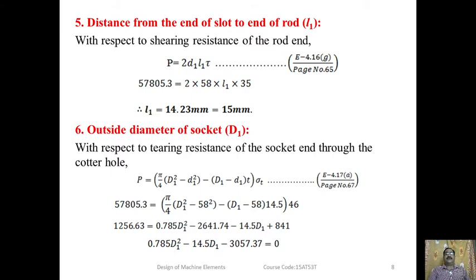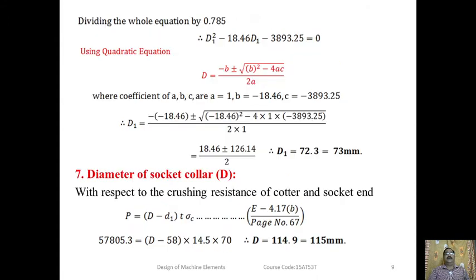For this we have to use equation 4.17a, which is on page number 67. After substituting the values and by using the quadratic equation, the value of d1 comes 73 mm.